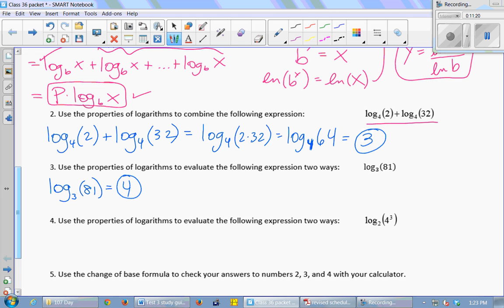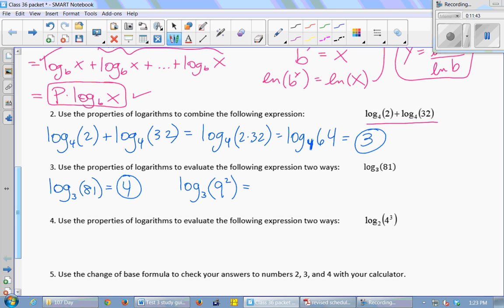Or 81 is a special kind of number. It might pop out in your head as what? A perfect square, right? So I might write this as 9 squared, right? It doesn't matter. 81 and 9 squared are the same, right?